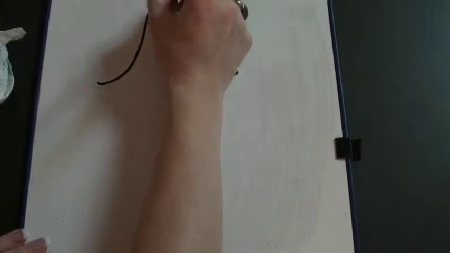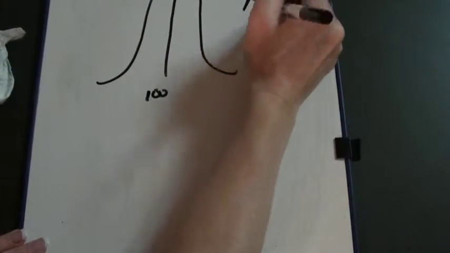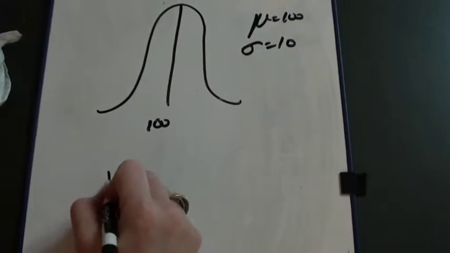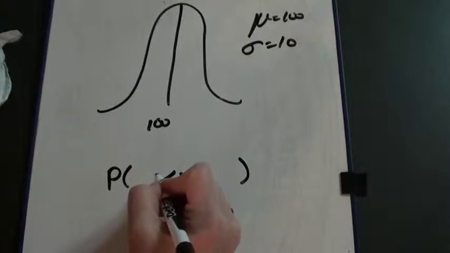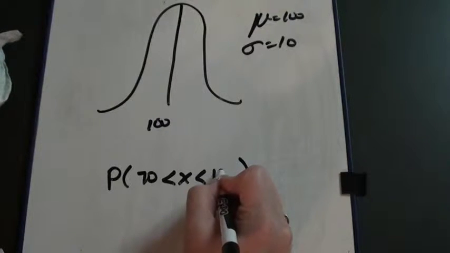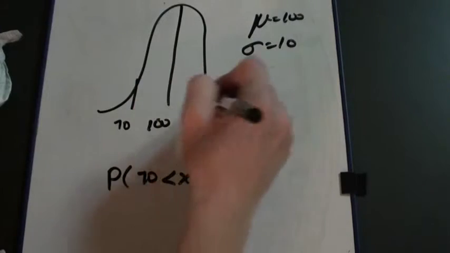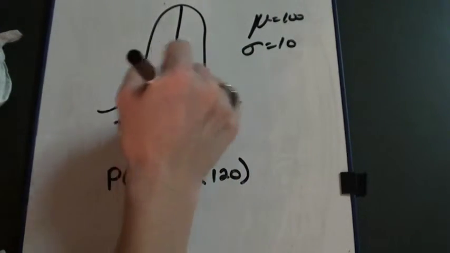Let's take our same example, with a mean of 100 and standard deviation of 10, and let's say the problem asked, what's the probability that x is between 70 and 120. So here's your 70, here's your 120, and we want to find this probability right here.